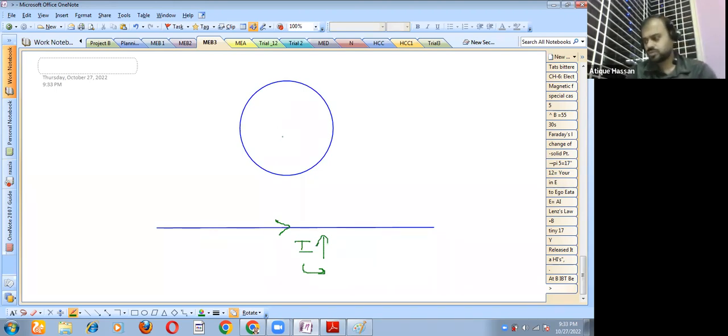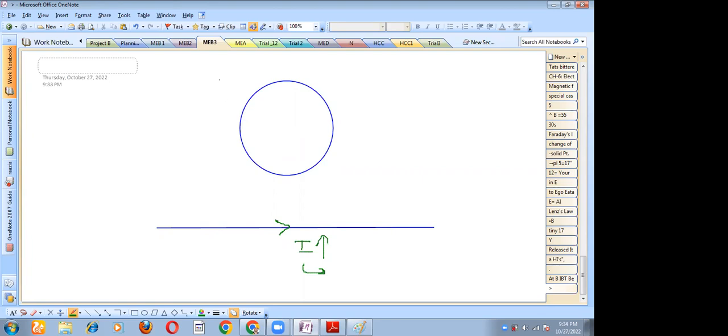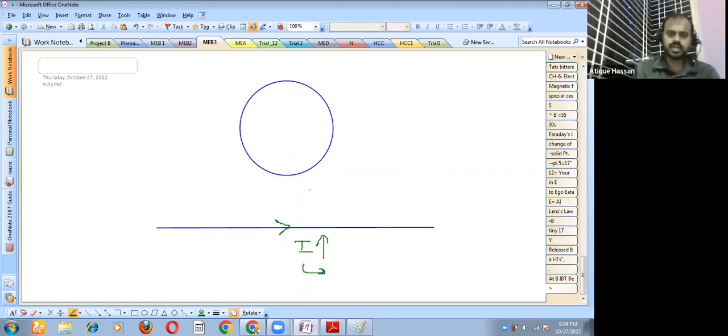In this case, what will be the direction of induced current in the coil? So clockwise. Correct. It should be clockwise because the magnetic field is increasing in the outward direction, right? So we have to produce an inward direction magnetic field, which means the current should be clockwise.